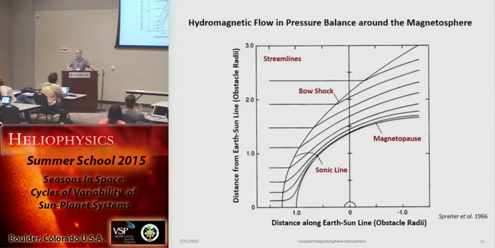This was not necessarily a dipole. You can use a more realistic model. And then they calculated the location of the magnetopause for that given magnetic field model, and the streamlines and so on. And so you get a pattern something like this.